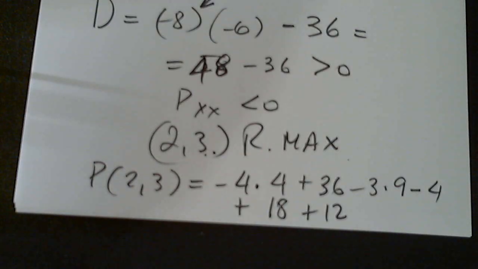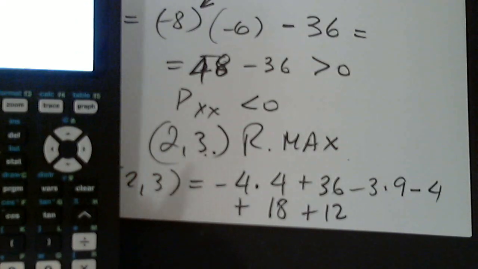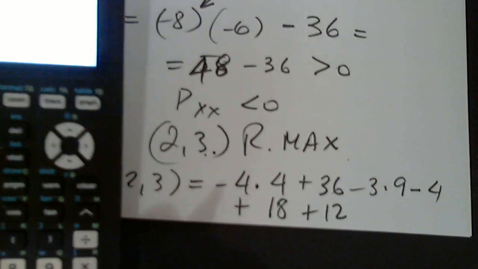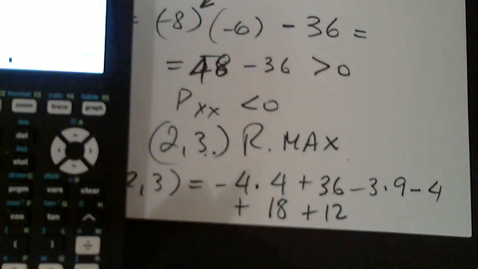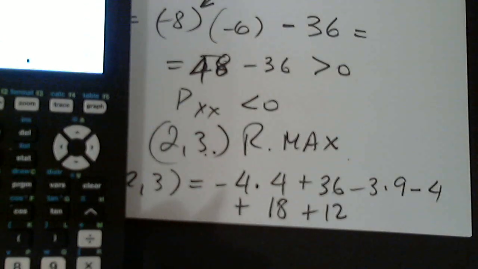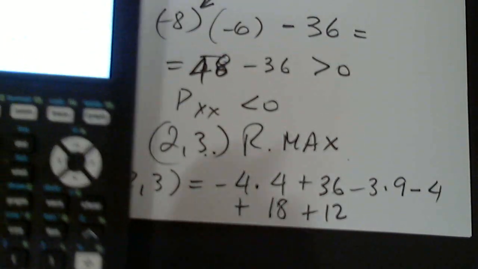With your permission, I'll just calculate. So negative 16 plus 36 minus 27 minus 4 and plus 30. What did I get? 19.